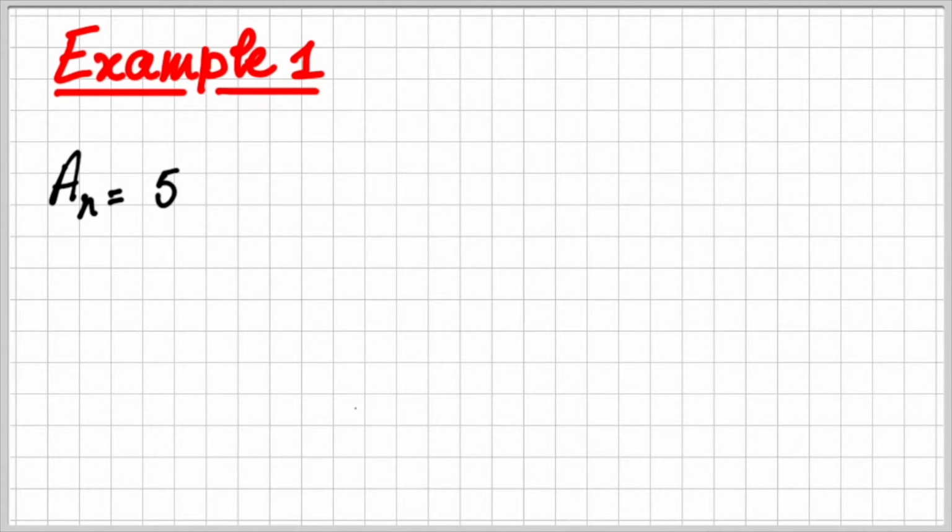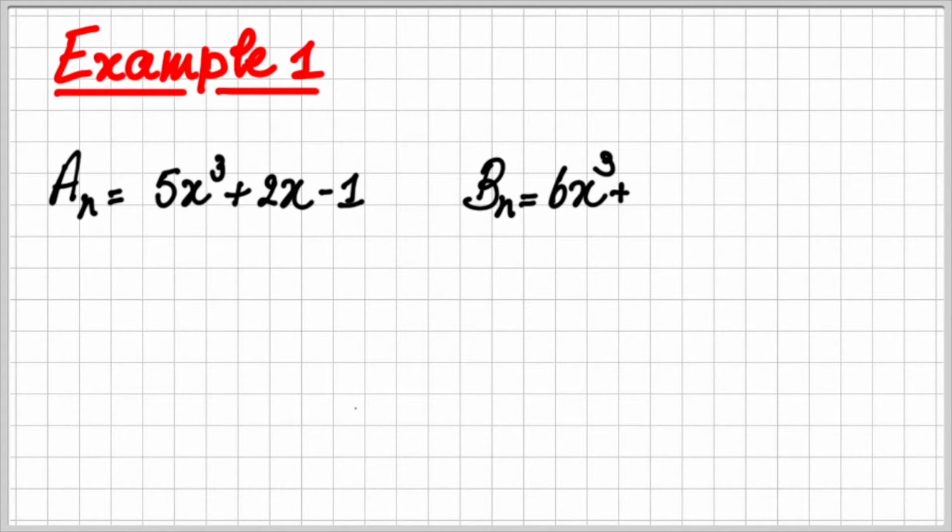Let's have an exercise. Let's consider two polynomials. a_n is 5x to the power 3 plus 2x minus 1, and the second polynomial is b_n equal to 6 times x to the power 3 plus 2 times x squared minus 3.